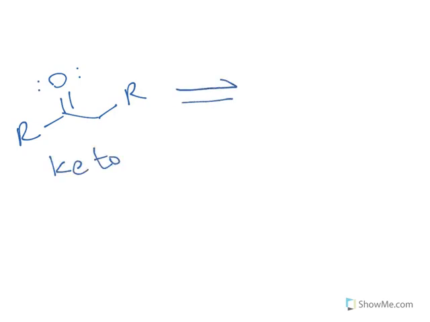To recap how this works, in acid, we have our keto form, and we can tautomerize to the enol form.